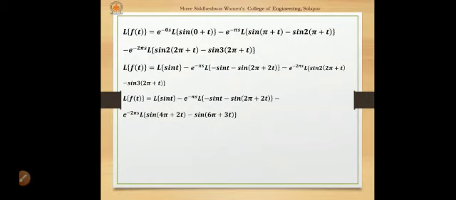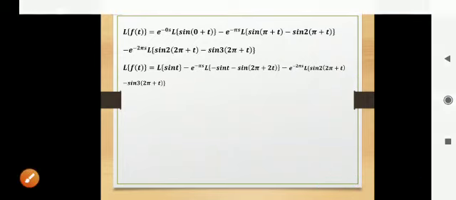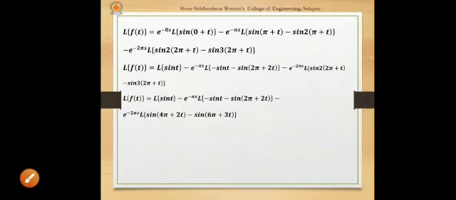So L of sin t, e raised to minus pi s, minus sin t, minus sin of 2 pi plus 2t, minus e raised to minus 2 pi s Laplace of sin 4 pi plus 2t, and then sin of 6 pi plus 3t.